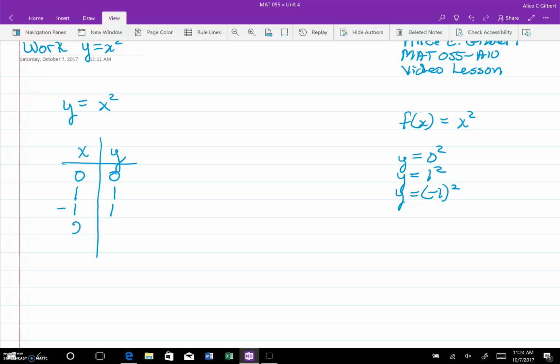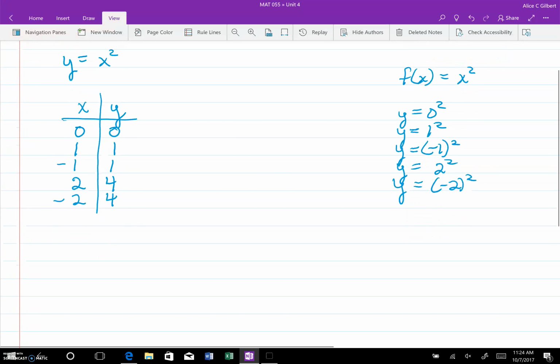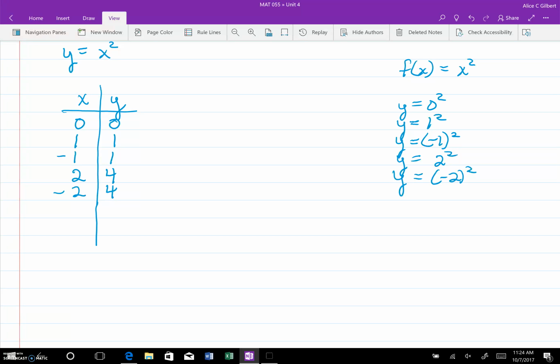Let's try a couple more. If x is 2, 2 squared is 4. Let's try negative 2. If x is negative 2, then negative 2 squared is 4. Let's try another one. How about 3?